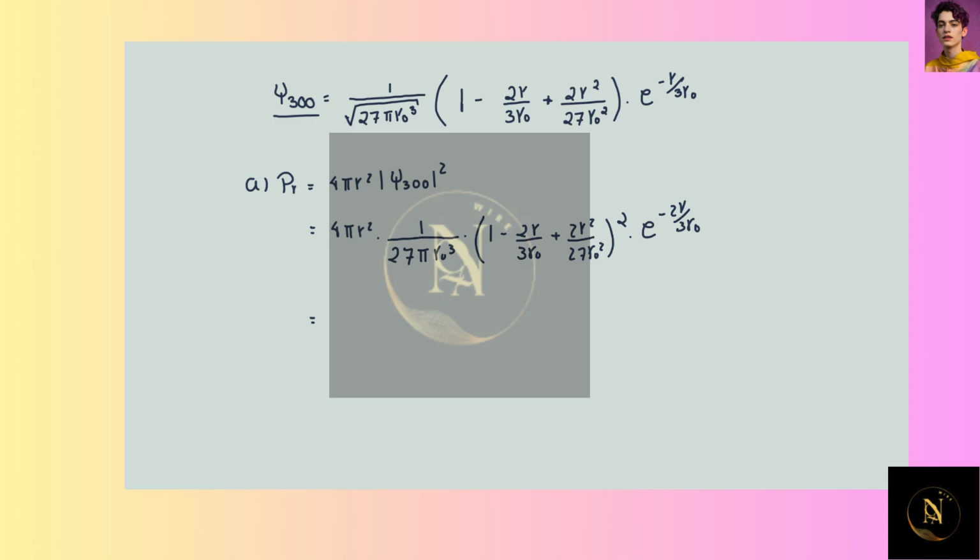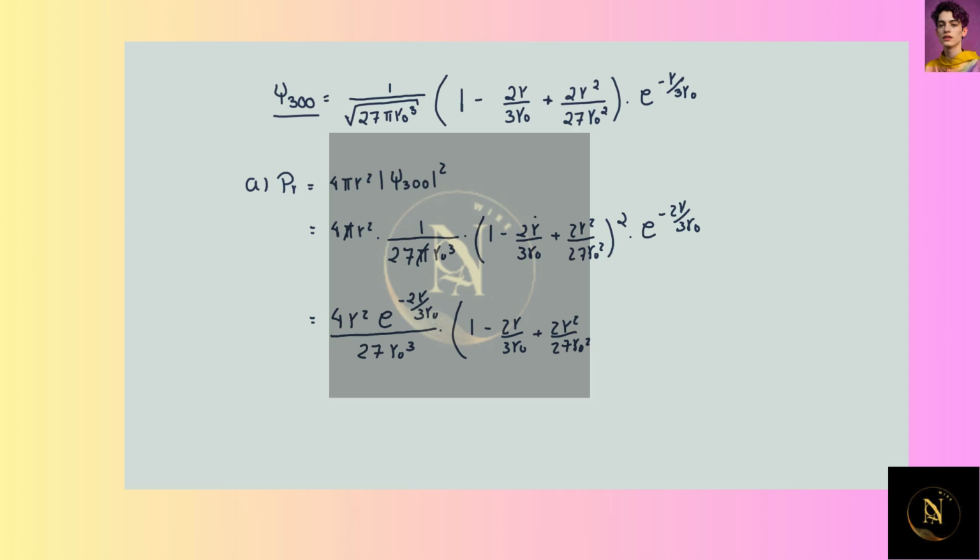One can simplify pi with pi, so we get 4 r squared e to the minus 2r divided by 3 r0 divided by 27 r0 cubed times 1 times 1, just 1, minus 2r divided by 3 r0 plus 2r squared divided by 27 r0 squared.